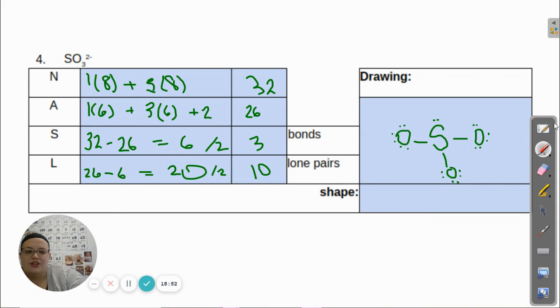All right, now the shape, we've seen the shape before. I have 4 areas of electron density on my central atom. 1, 2, 3, lone pair makes 4. And 1 lone pair on my central atom. That means it's trigonal pyramidal.